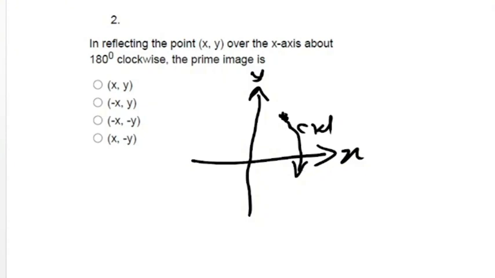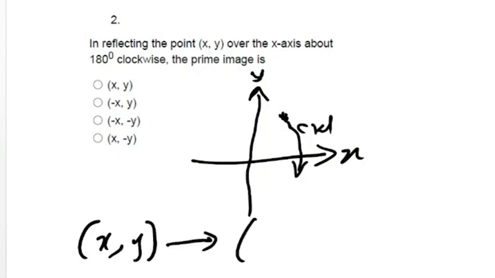The image will now be, if we are reflecting over the x-axis, we are changing the y value. So we are still going to be on the positive x-axis but negative y-axis. That's why we have x, minus y. That is about 180 degrees.